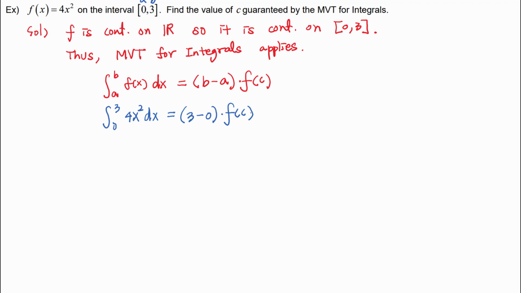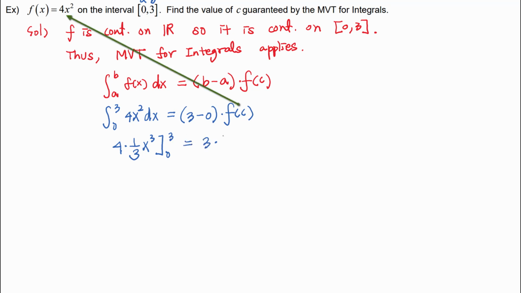So I will have only one variable c, and therefore I will be able to solve it. So here we go. What's the integral of 4x squared? 4 is a constant multiple, and the integral of x squared is one third x to the third power from 0 to 3. 3 minus 0 is 3.